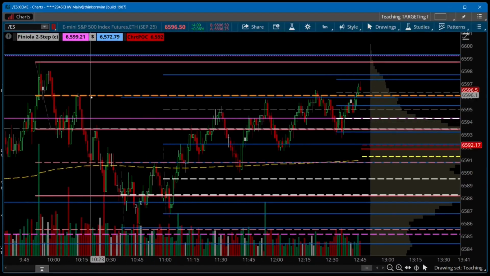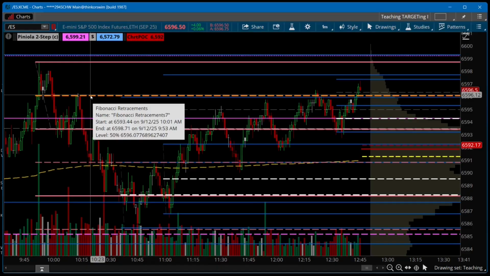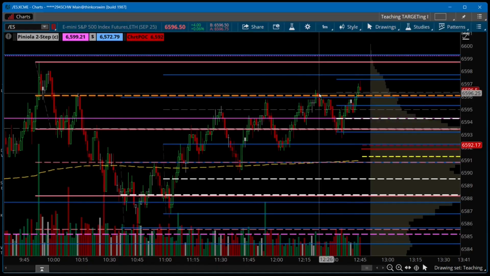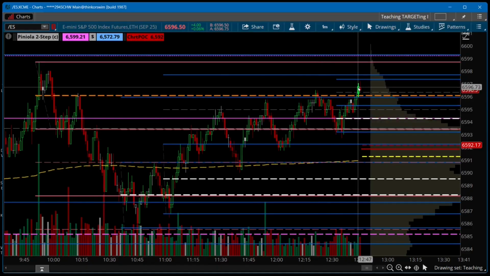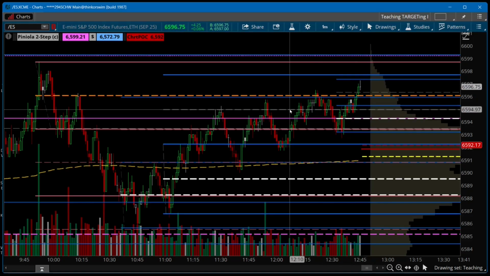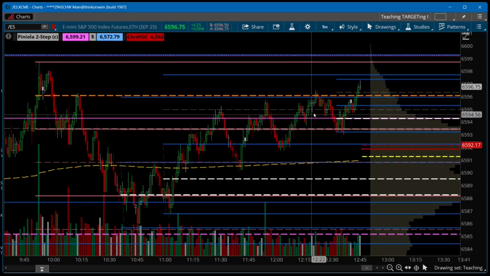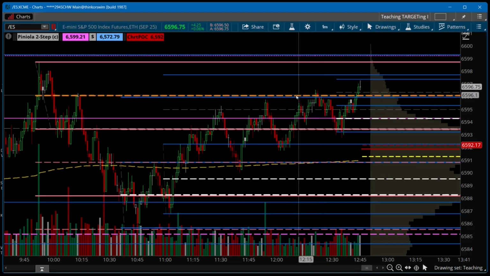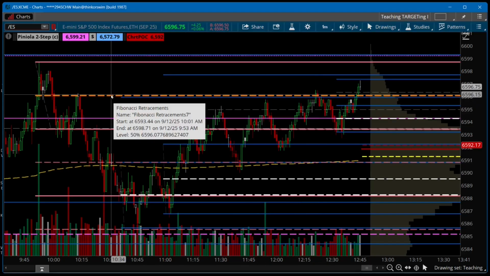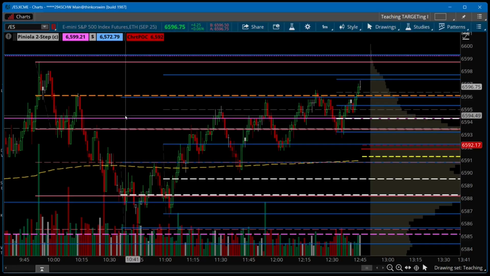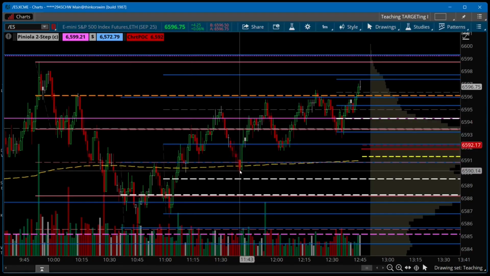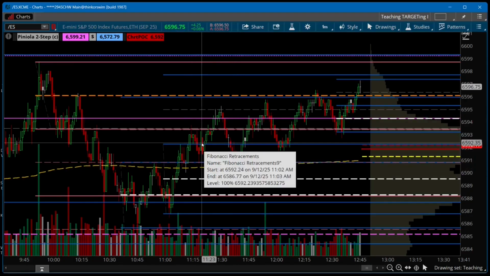Alright, let's see. Can I cancel this one out? We broke above it. We broke above the high. I could almost cancel this line or this measurement. Let me see. This is a 2.0 move from here.